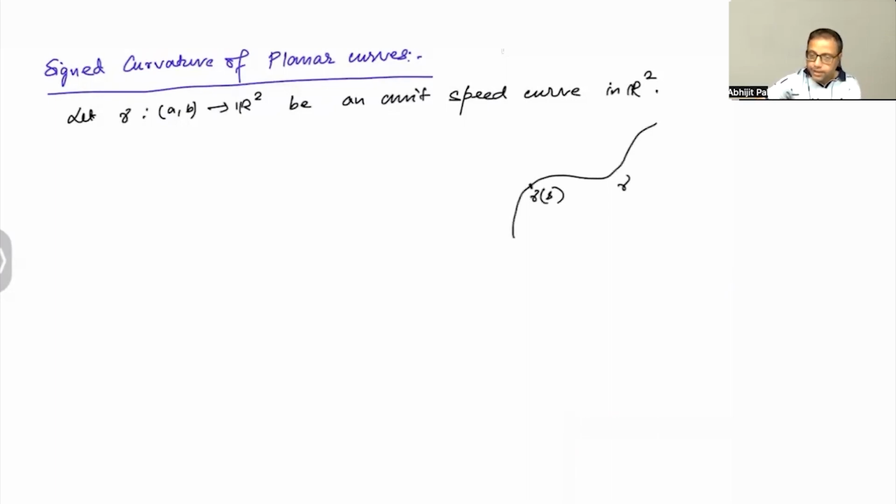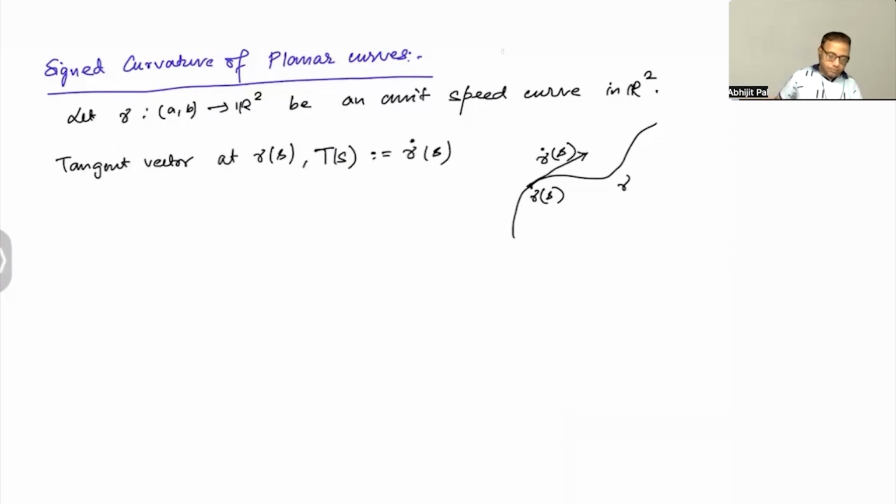Now I take the tangent vector at gamma s, which is nothing but gamma dot s. This is denoted by capital T of s, which is your gamma dot s.